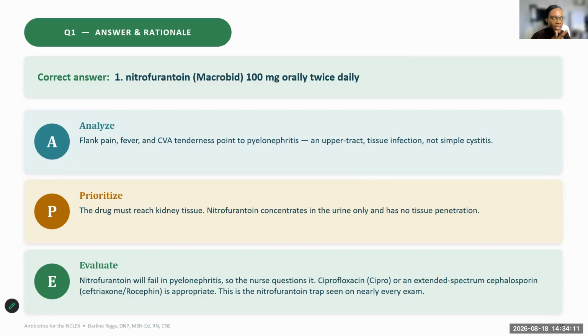Number 2, prioritizing. The drug must reach the kidneys and nitrofurantoin does not. And the question is asking which one I would question. That's the one I would question because it would not work to treat this upper urinary tract infection. The others are appropriate. So this was what we would call a nitrofurantoin trap.